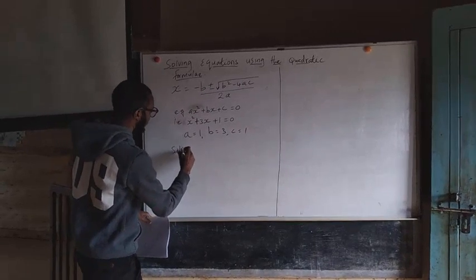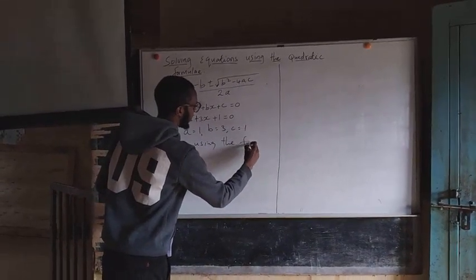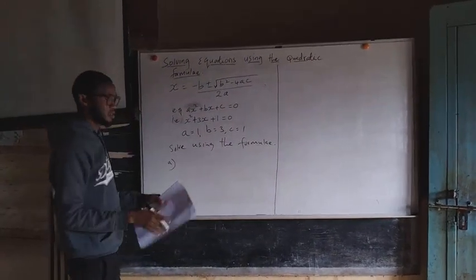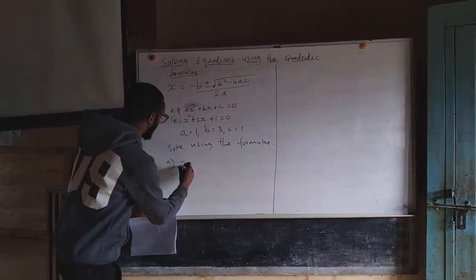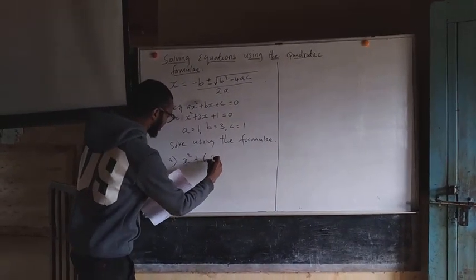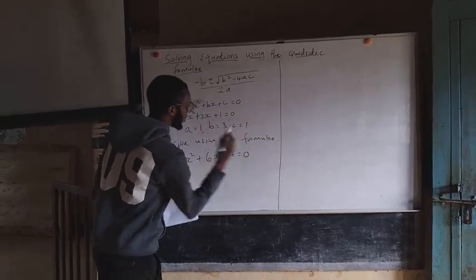Solve using the formula. So we start with this one: x squared plus 6x plus 4 equals 0.